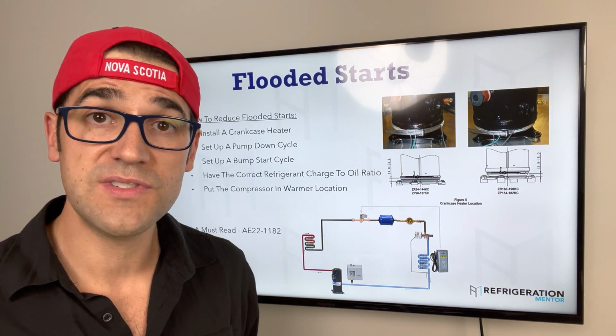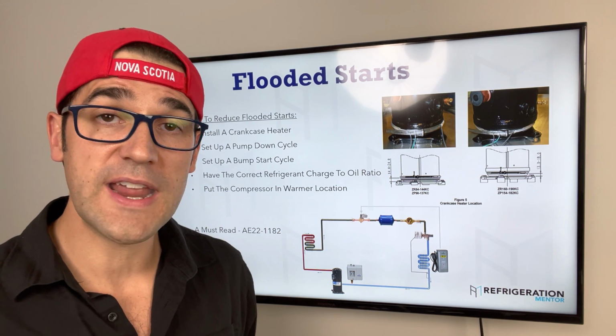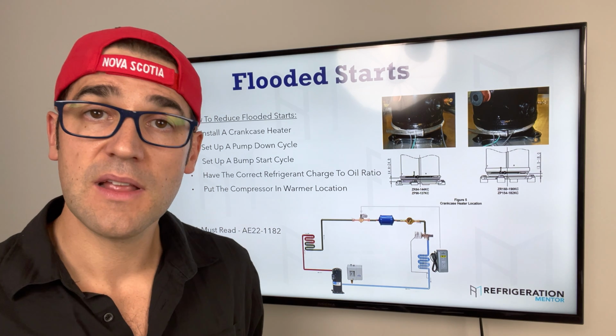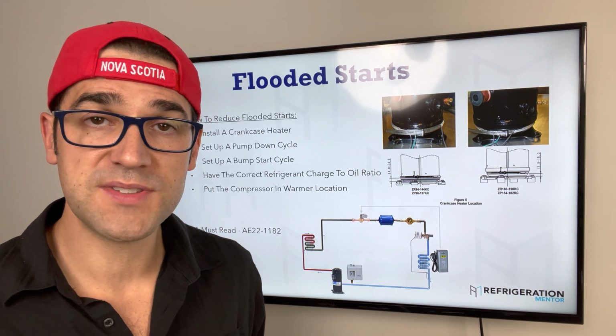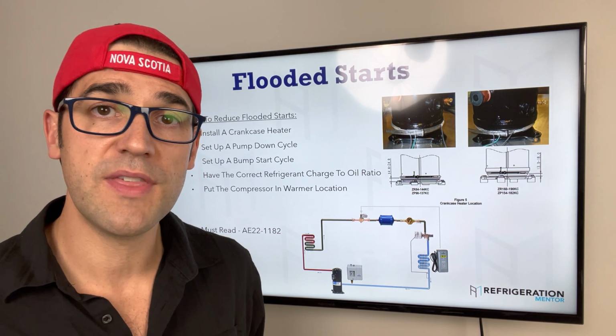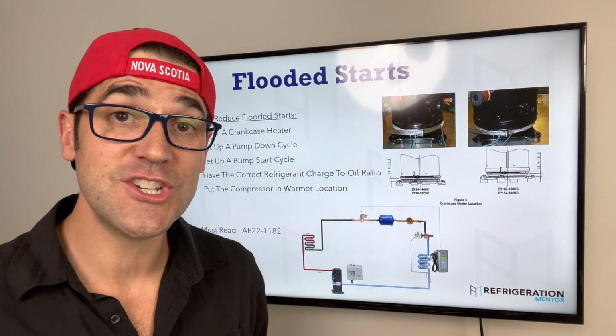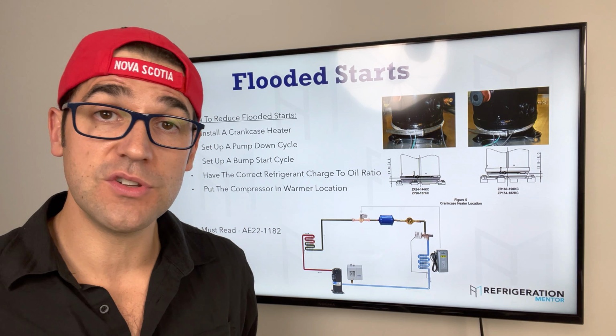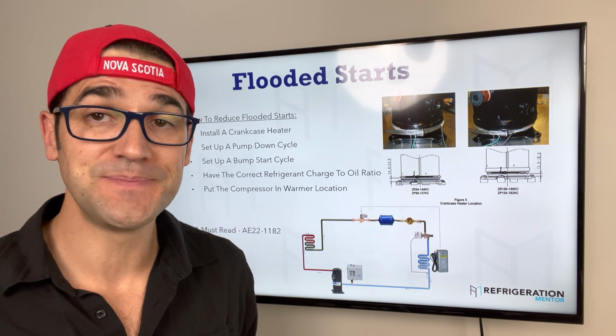Yes, in scrolls there is a spring-loaded check valve right at the discharge point, but it's not 100% shut off. So just be aware that you may need to add a discharge check valve to that scroll compressor, or that compressor in general. So you need to read that compressor guide.